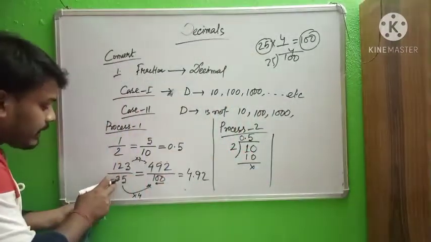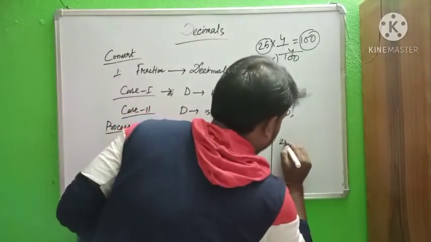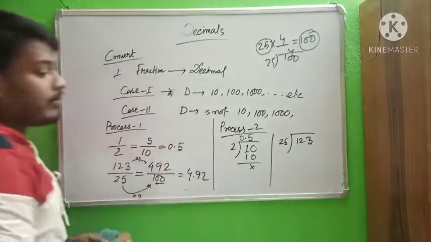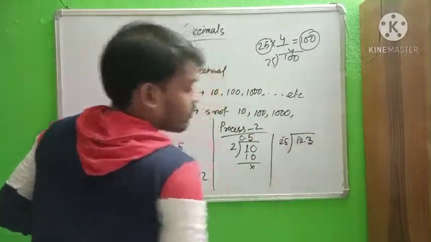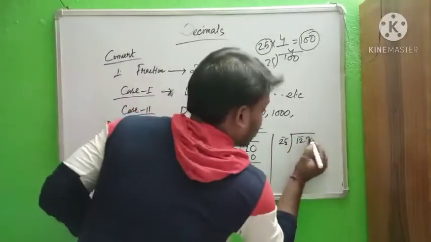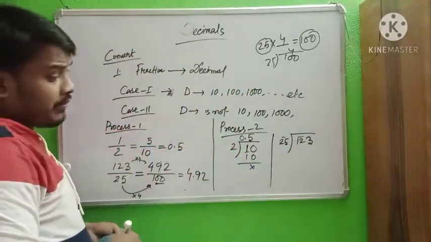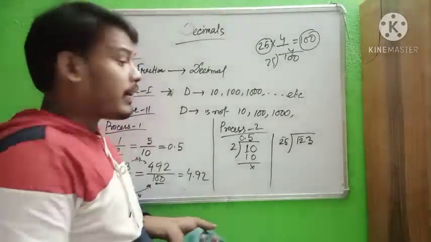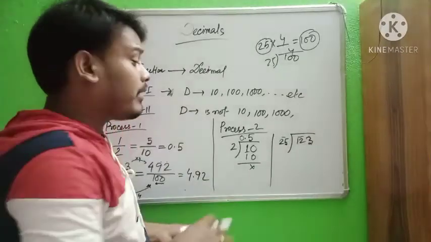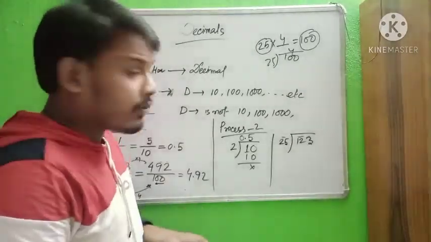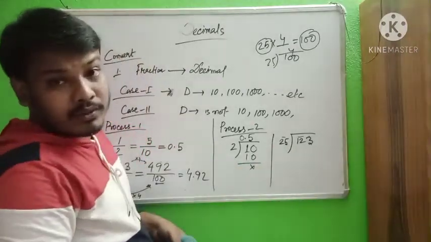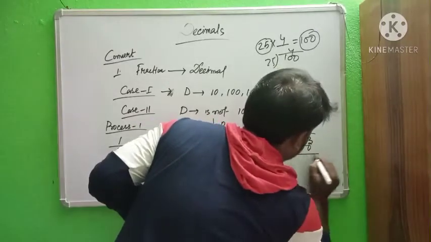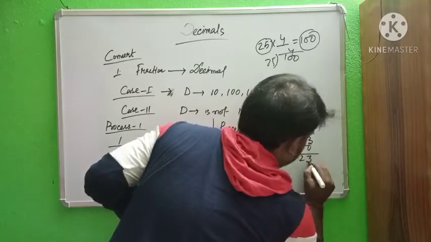For the other one, 123 divided by 25. First we take two digits. Two digits are smaller, so we take three digits. 25 1s are 25, 25 2s are 50, 25 3s are 75, 25 4s are 100, 25 5s are 125, and here the value is 123. So 25 4s are 100. Now we subtract, the value is 23.